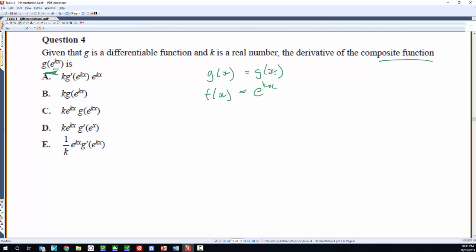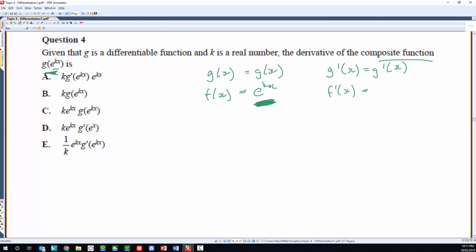Okay, so remember that if we're deriving a composite function, it's the derivative of the outer multiplied by the derivative of the inner. So the derivative of the outer, g dash x, is g dash x, whatever the derivative is. And f dash x is the derivative of this here, and I don't know how to do that yet.